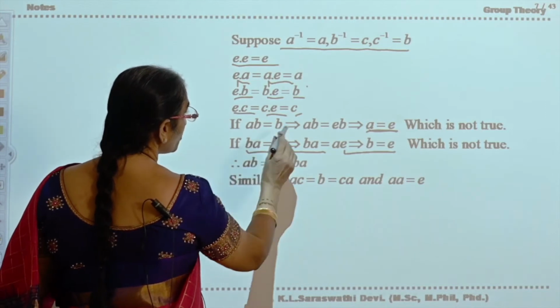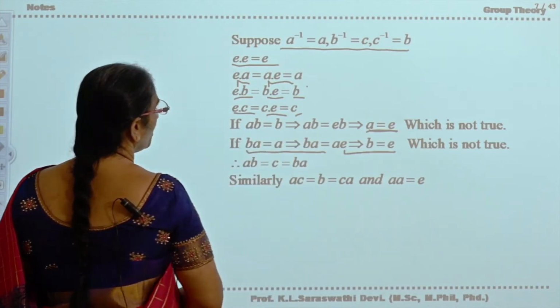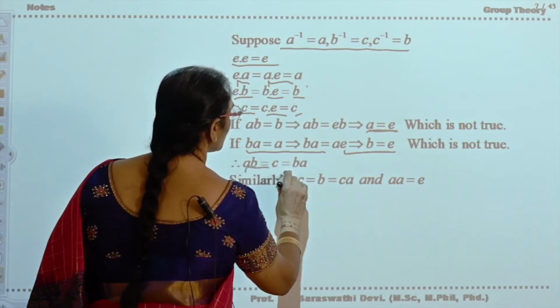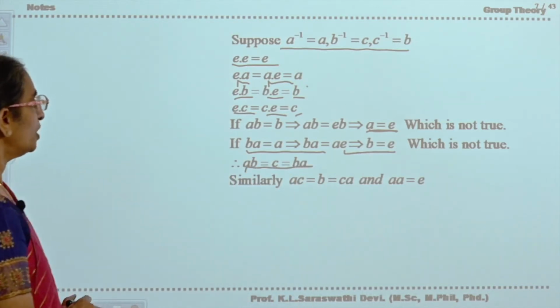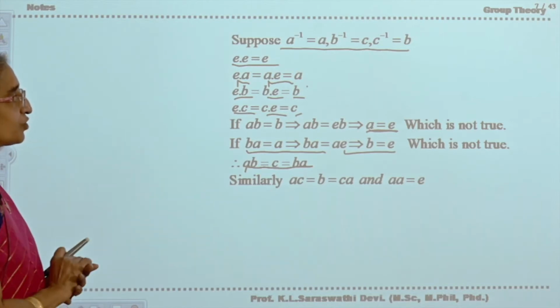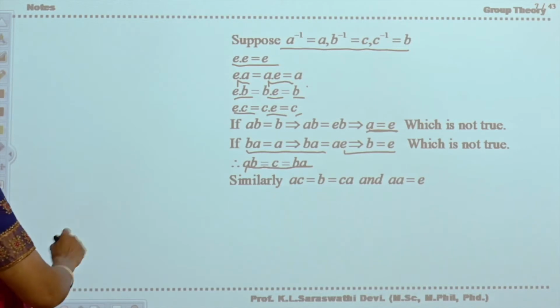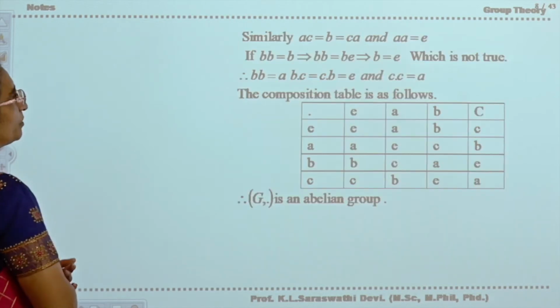Therefore, you have to take AB is not equal to A or B, and BA is not equal to A or B. Therefore, you have to take AB is equal to C, C is equal to BA. Similarly, AC is equal to B, B is equal to CA. Therefore, AA is equal to E. Now, see the composition table.